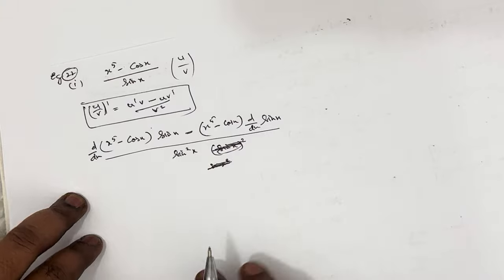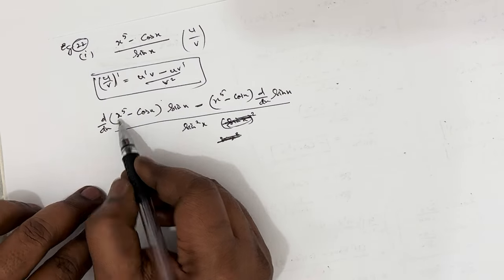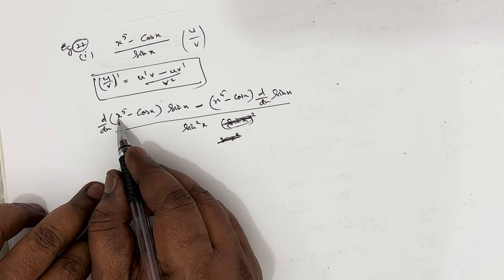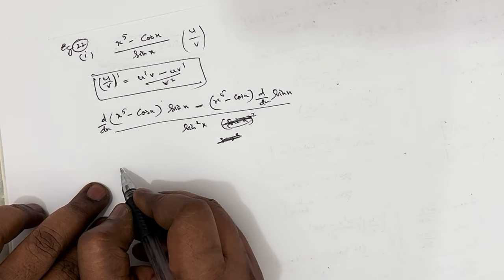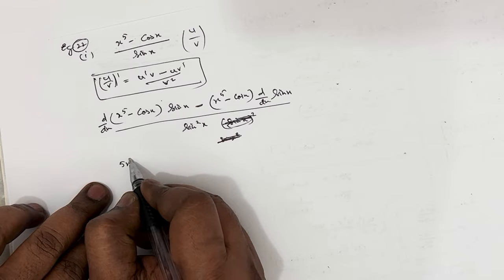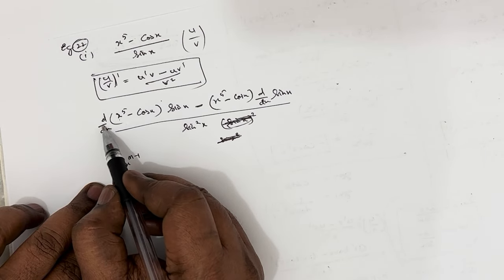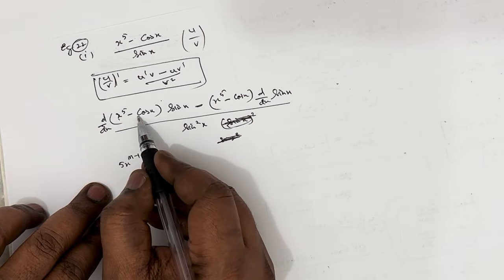We'll use this now here. The derivative of x^5, you know this is in the form x^n, so this will be n times x^(n−1), so 5x^(n−1). Now we are not splitting this inside, we'll just assume that this is inside d/dx of cos x.